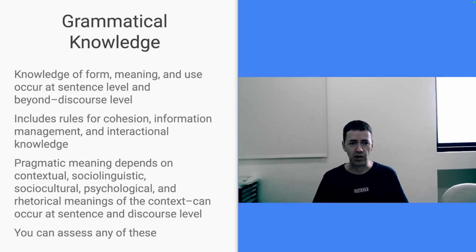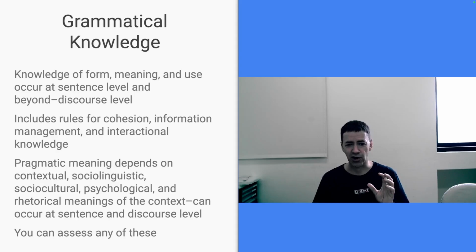Okay, so grammatical knowledge then is knowledge of form, meaning, and use, and they occur at the sentence level and also at the discourse level. It includes rules for cohesion, information management, and interactional knowledge. Pragmatic meaning depends on, as I mentioned, contextual, sociolinguistic, sociocultural, psychological, and rhetorical meanings of the context.